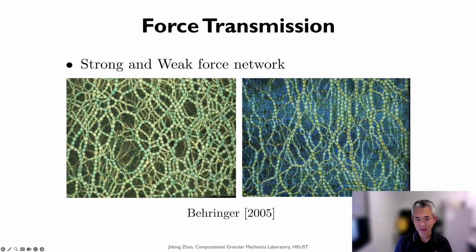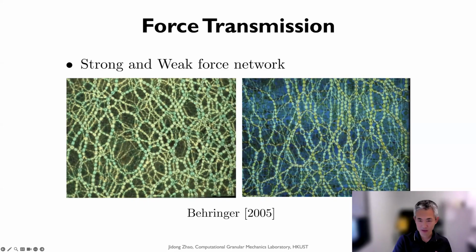Those light, strong chain-like structures we call strong force chains, while the weak ones in the background are the weak force chains here. The strong force chains are supposed to support the major shear force, while the weak force chains are supposed to resist the hydrostatic pressure. These two basically support each other, but when the strong force chain is broken and the weak force chain network is weak enough, then this will change the granular media state from a solid to a liquid.